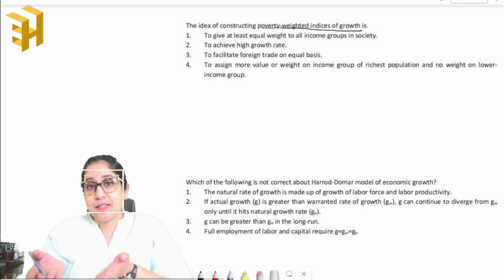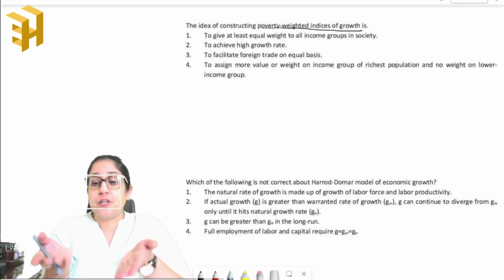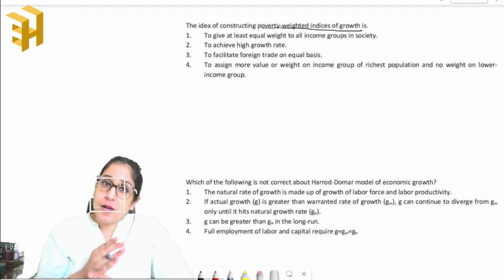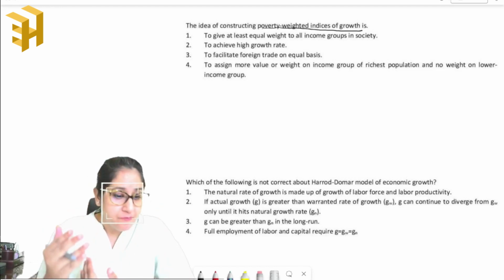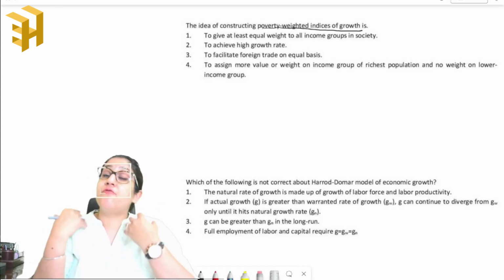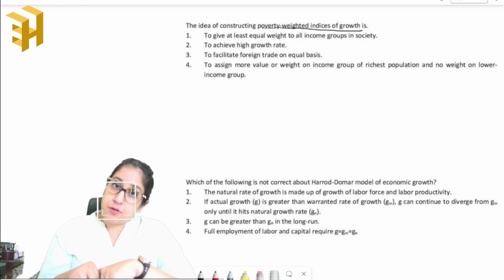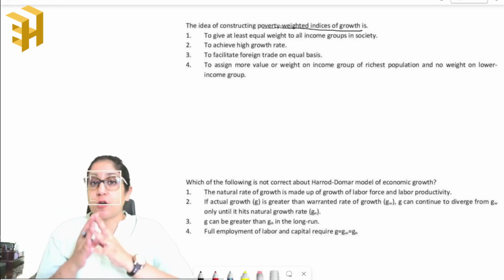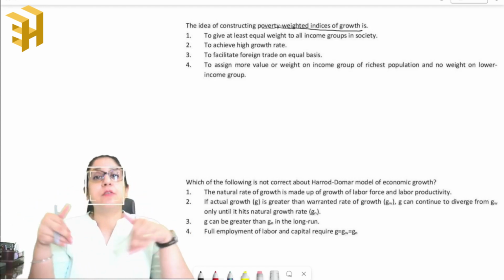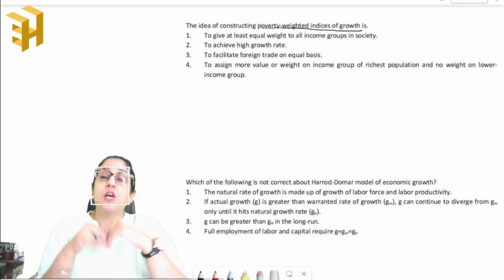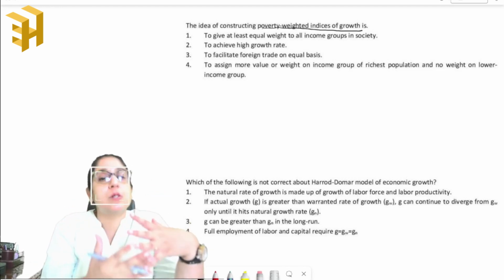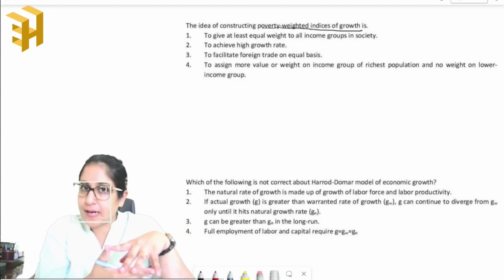To bring them to an equitable position, the poverty weighted indices are designed. They will give more value to the lower income groups as compared to the high income groups. It will make the society more inclusive so that more benefits can be transferred to individuals belonging to lower income categories.